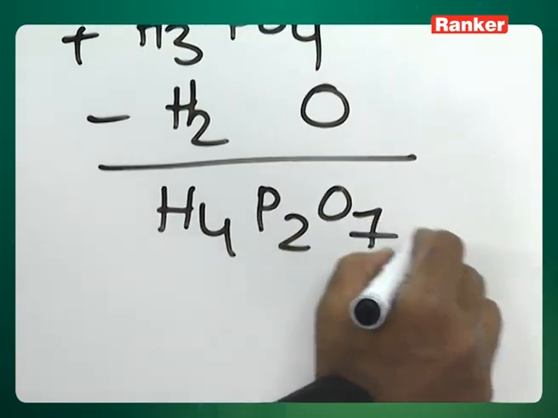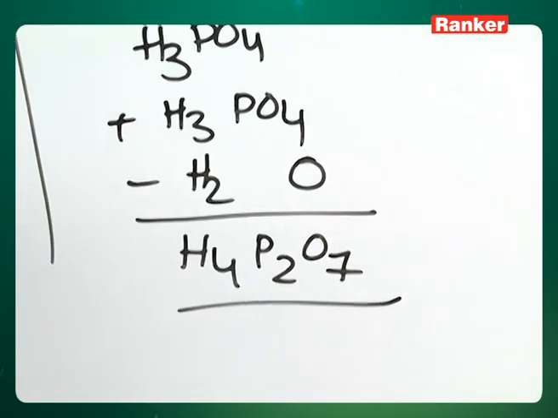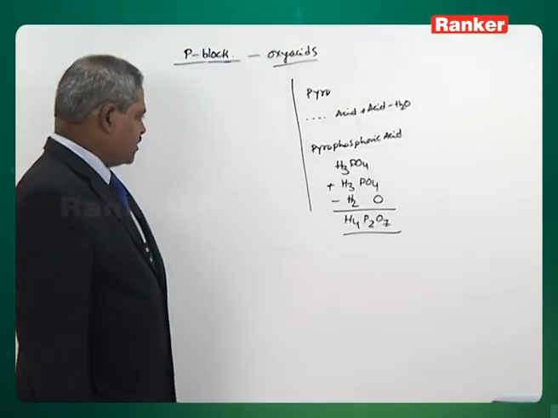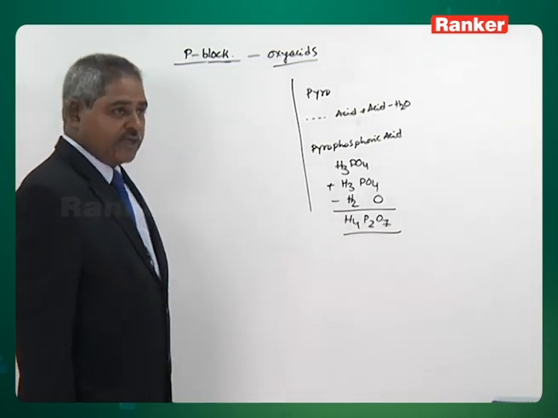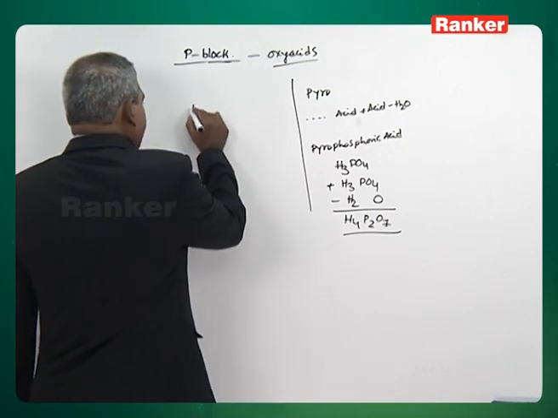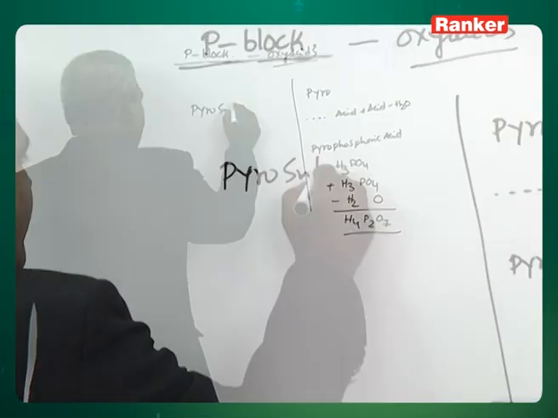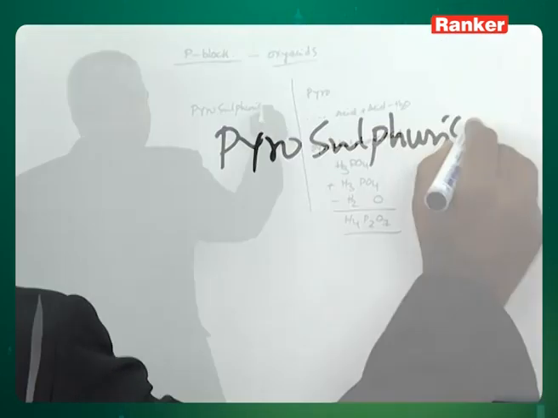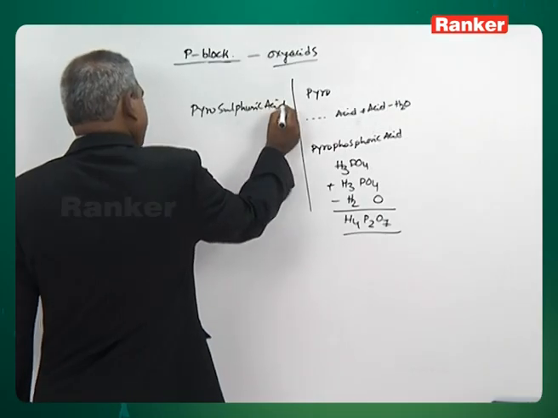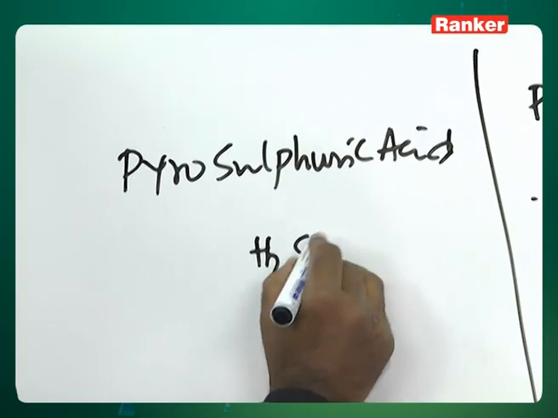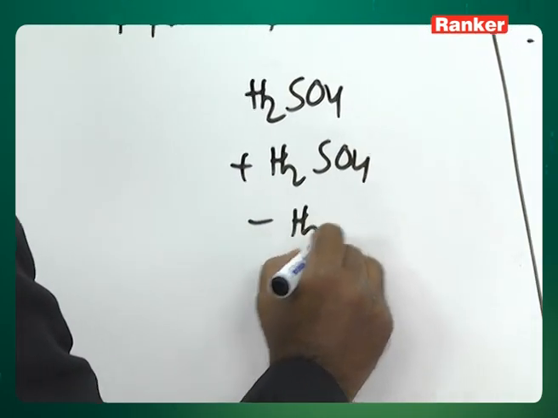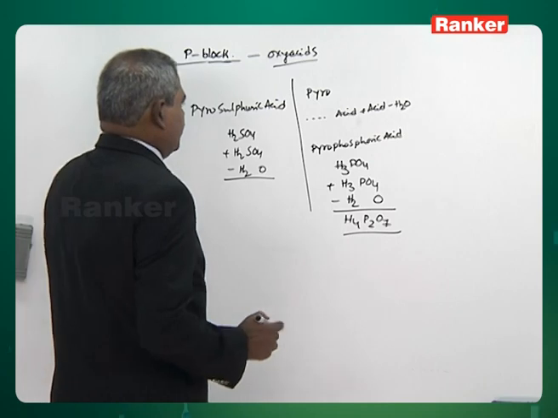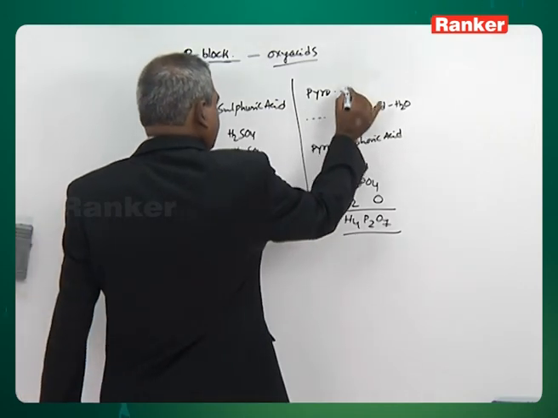H4P2O7. H3PO4 plus H3PO4 minus H2O gives H4P2O7, pyrophosphoric acid. By the same way, pyrosulfuric acid. You should take two sulfuric acid, H2SO4 plus H2SO4 minus H2O. Pyro means which acid should I take?